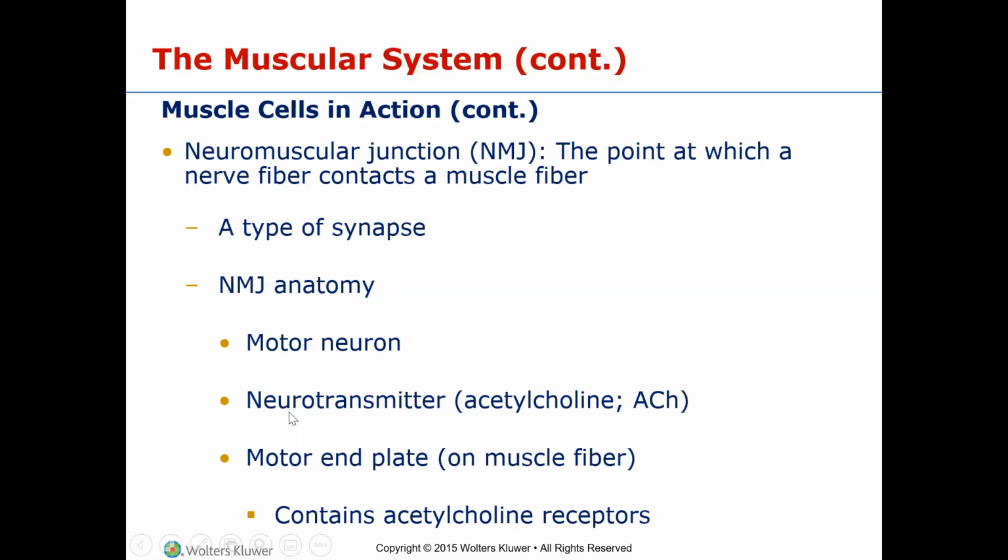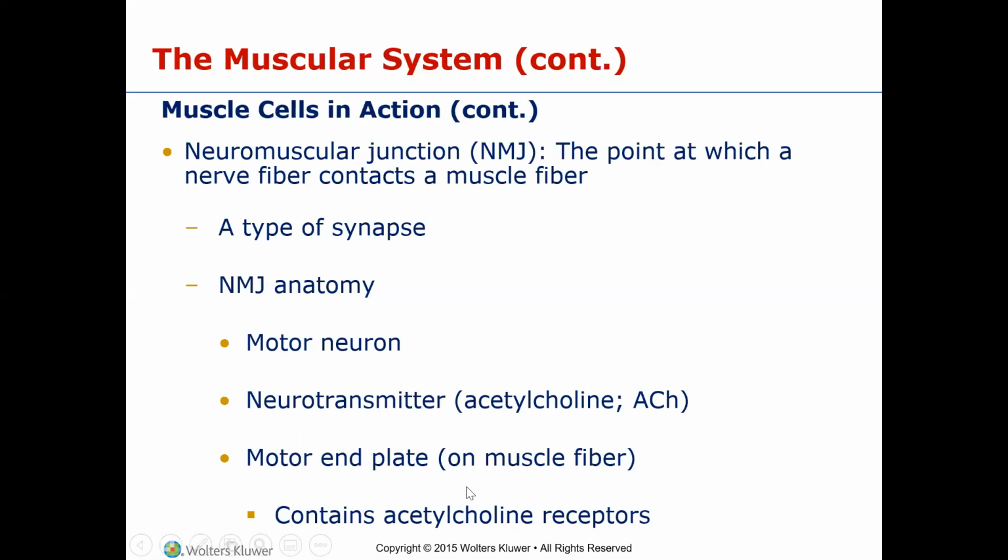So you have your neuron on one side, then you have your muscle fiber on the other side, and they are communicating back and forth through this chemical, known as acetylcholine.